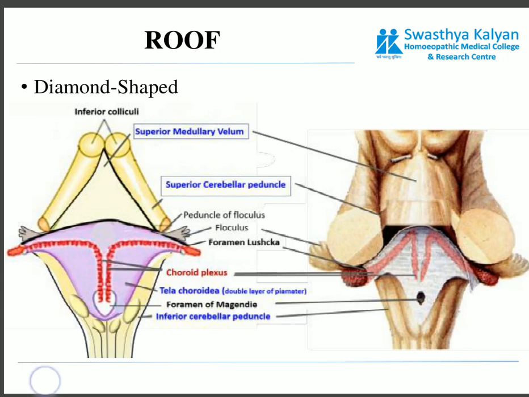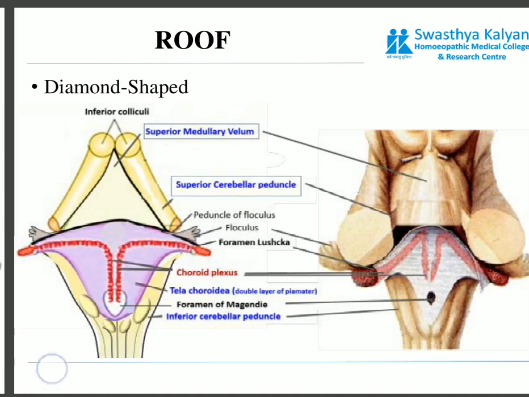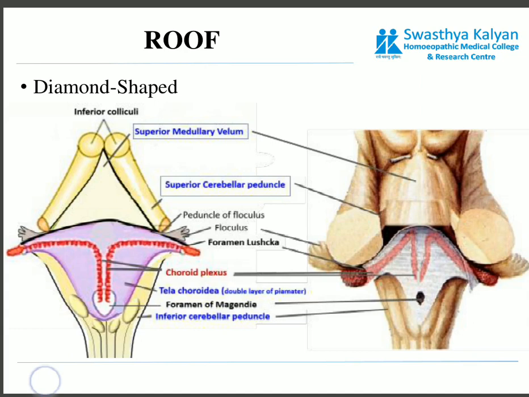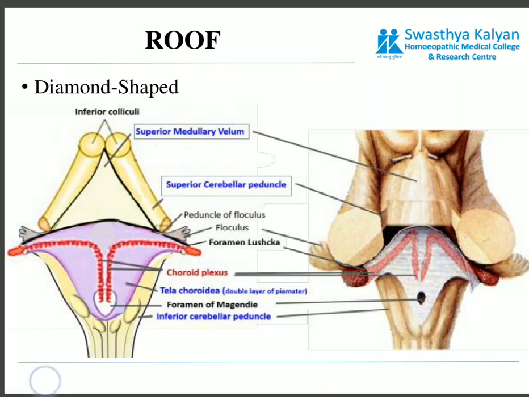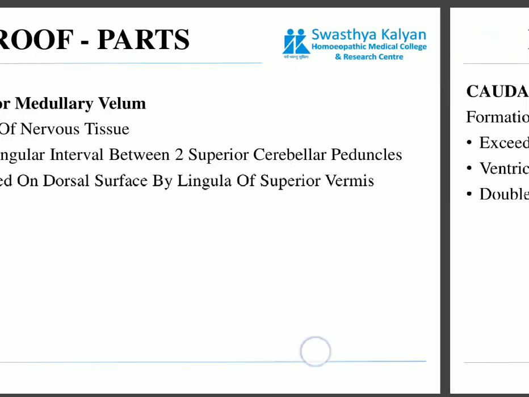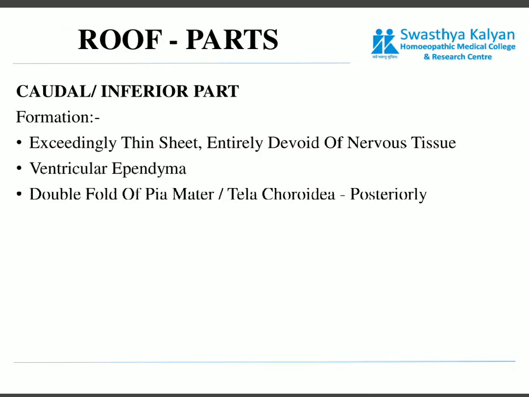The choroid plexus is a network of cells which is responsible for the production and secretion of cerebrospinal fluid in the ventricles of the brain, and they also contain certain modified ependymal cells. In the figure you can see the double layer of pia mater giving rise to this choroid plexus. So this is the caudal inferior part.